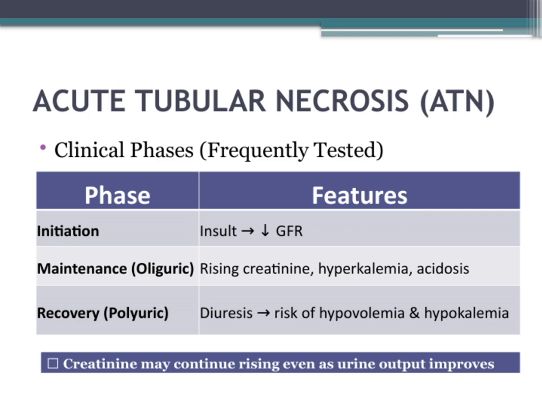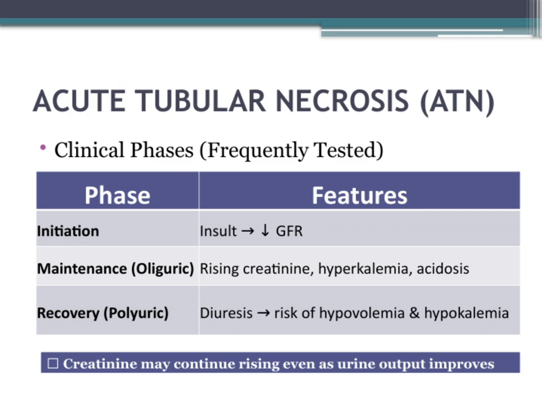Next is the maintenance or oliguric phase, where we typically observe rising creatinine levels, along with hyperkalemia and acidosis. This phase can last for a variable period, and it's critical to monitor these parameters closely. Finally, during the recovery or polyuric phase, the kidneys start to recover, leading to diuresis, an increased urine output.